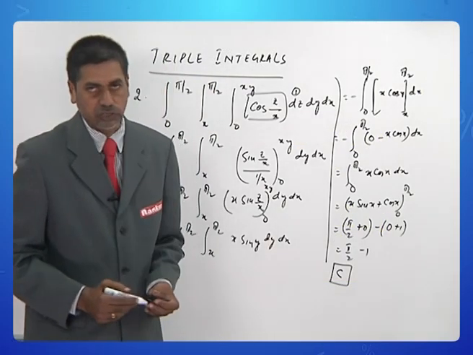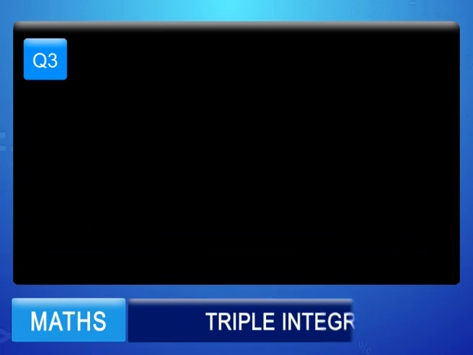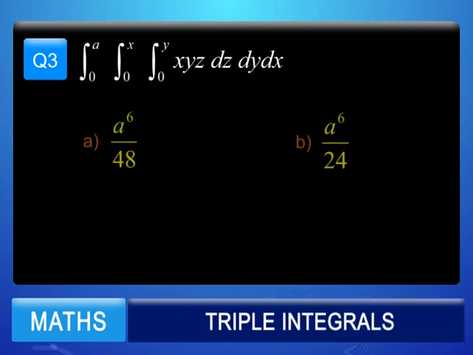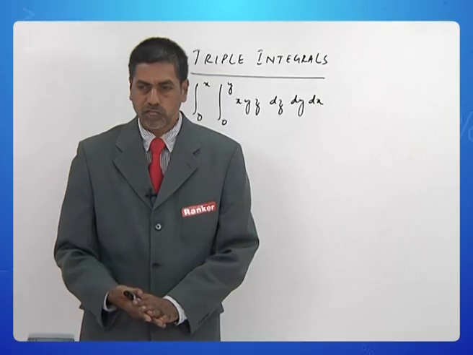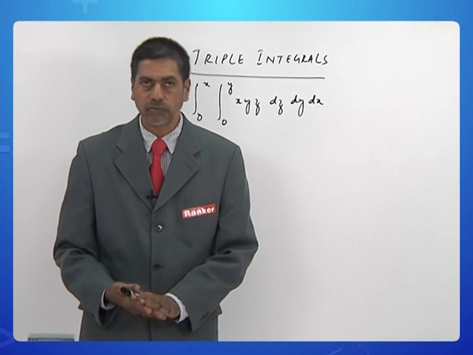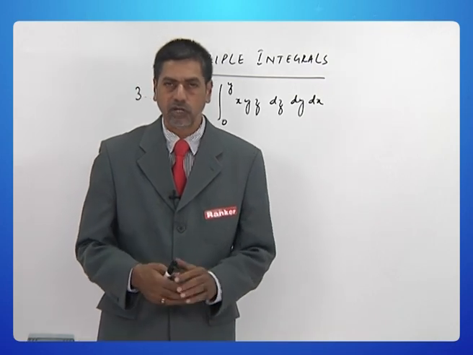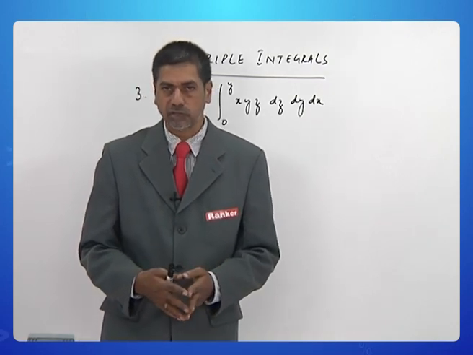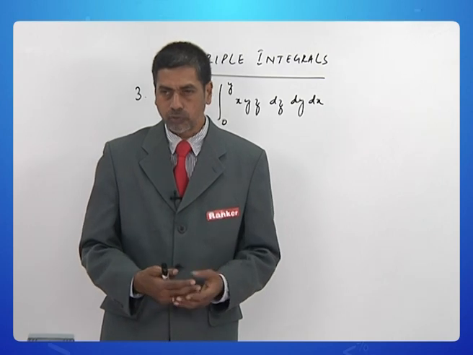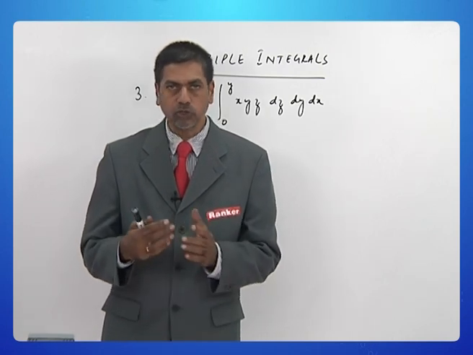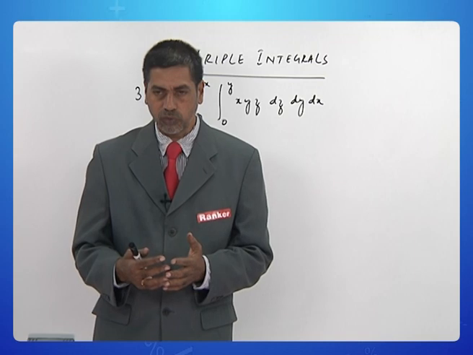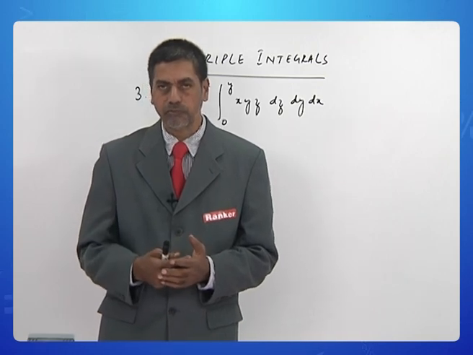Let us go to the next question. This question has been chosen because sometimes the student may be confused about fixing the order of integration. Unlike the last two problems, where the innermost integral carried functions of x and y, here there is a small dilemma.